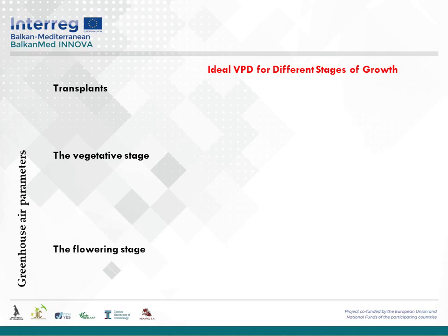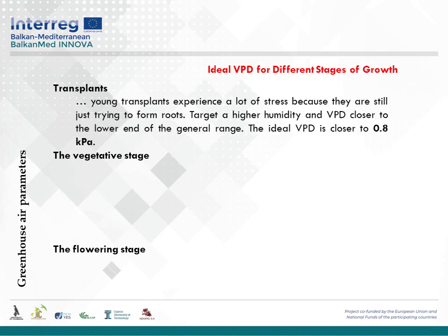Indeed, the optimum VPD values are different for different stages of plant growth. So, immediately after transplanting, you need to be aware that the young transplants experience a lot of stress because they have already lost a large portion of their root system, and they are still trying to form new roots.